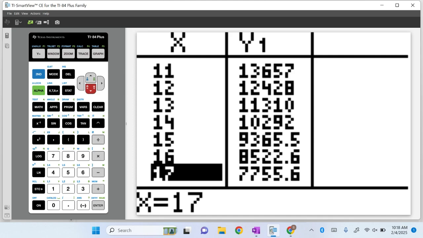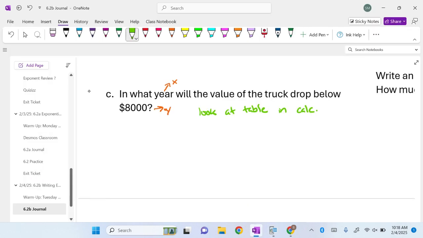So once you do that, how many years have passed? 17. So 17 years have passed. However, that is not our answer. Why is 17 not our answer? What did our problem ask for? It said what year, not how many years. So it wants to know the actual year that this value will be under 8,000.